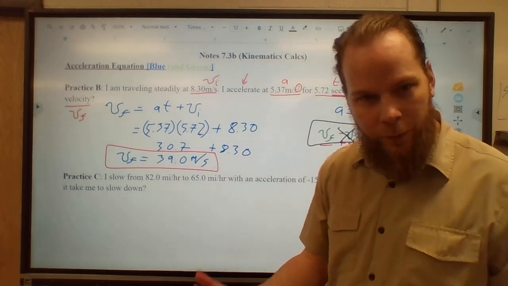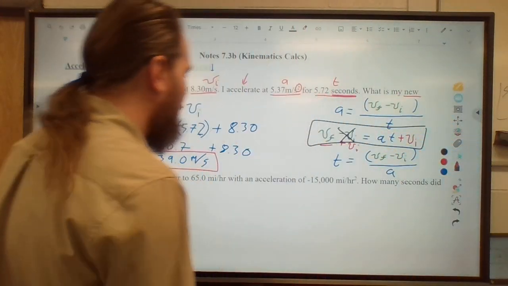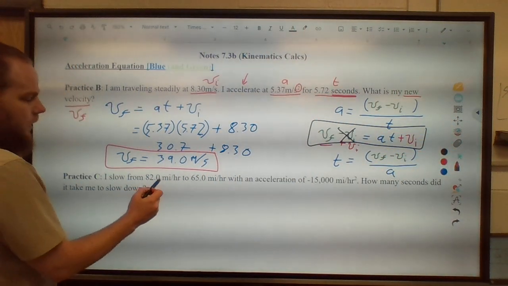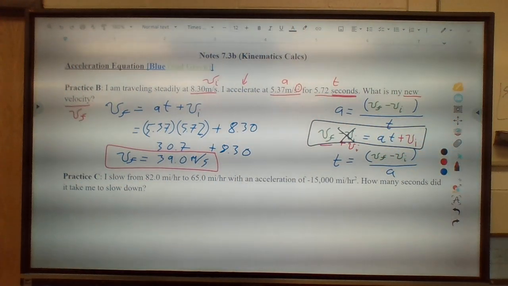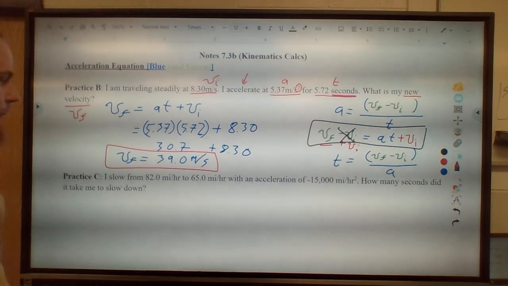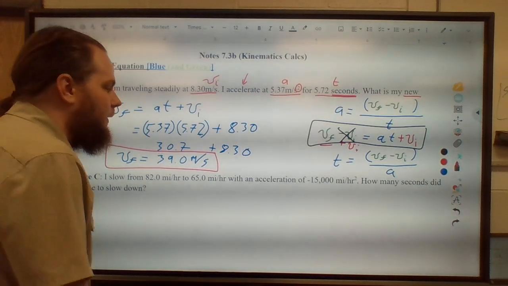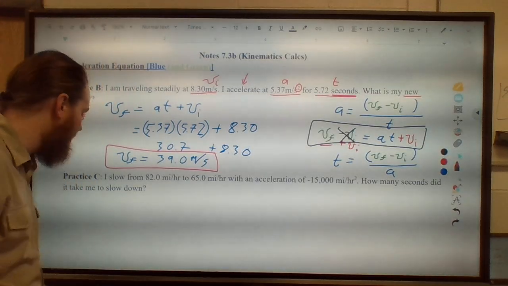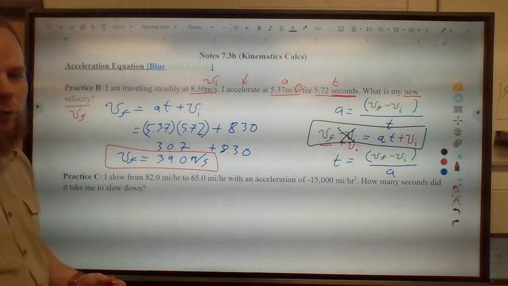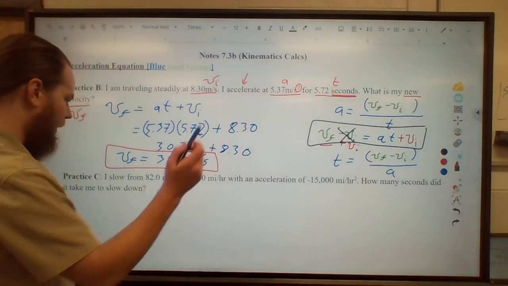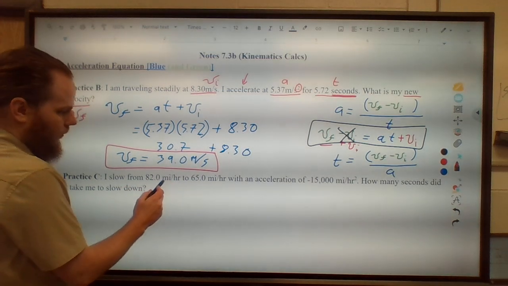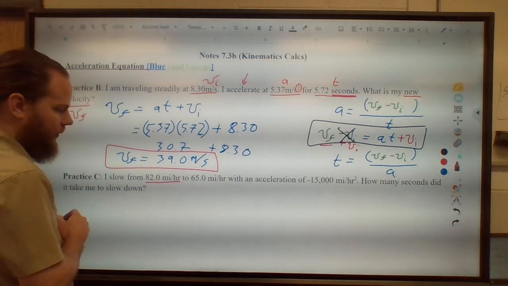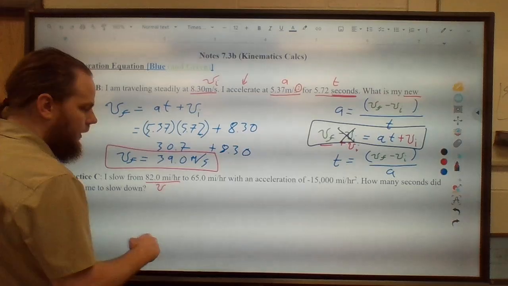You have a list of variables that have been identified. So, I slow from 82.0 miles per hour to 65 miles per hour with an acceleration of negative 15,000 miles per hour squared. How many seconds did it take me to slow down? Well, miles per hour, this has to be a velocity.